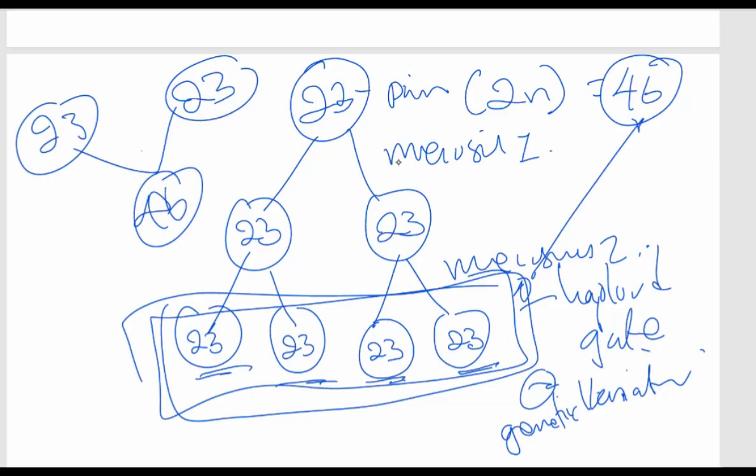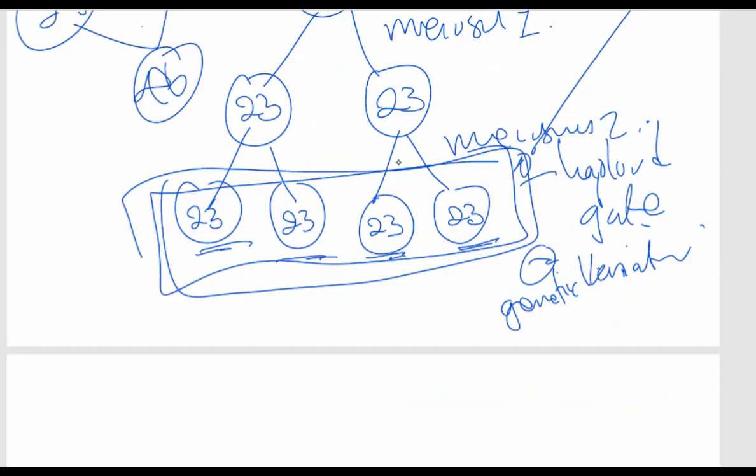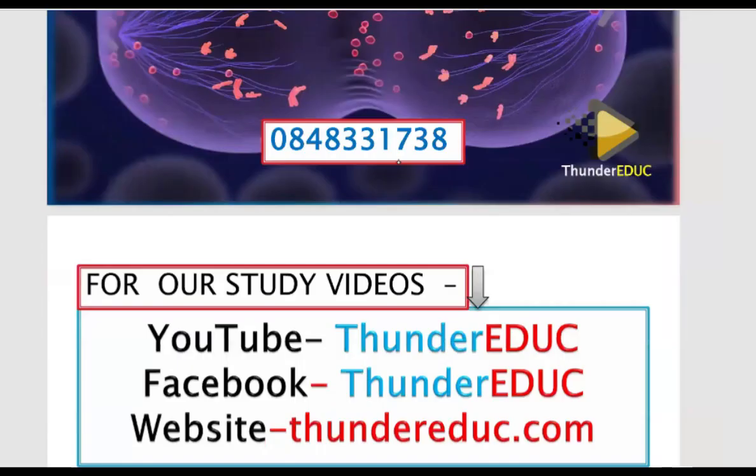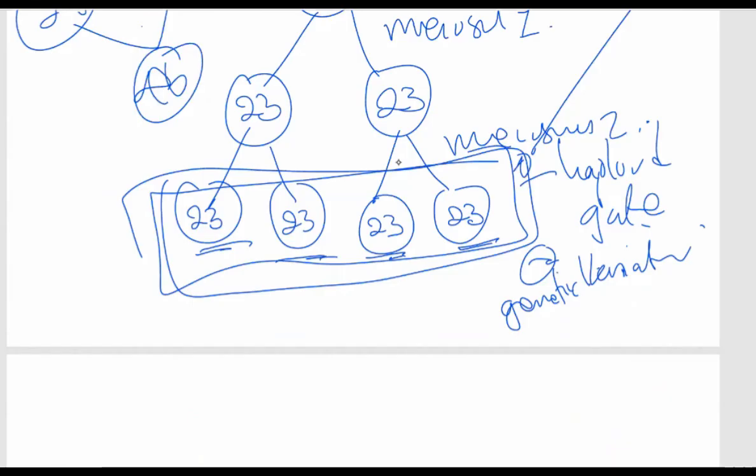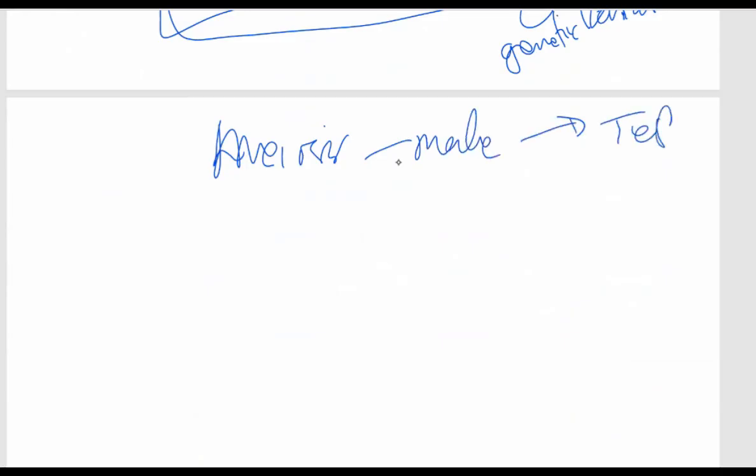So that is the meaning of that. When you're done with that, this is what they are trying to say. Where do we find meiosis? We shall say that meiosis in male, you'll find it in the testis or testes, either way, because this is singular, this is plural.